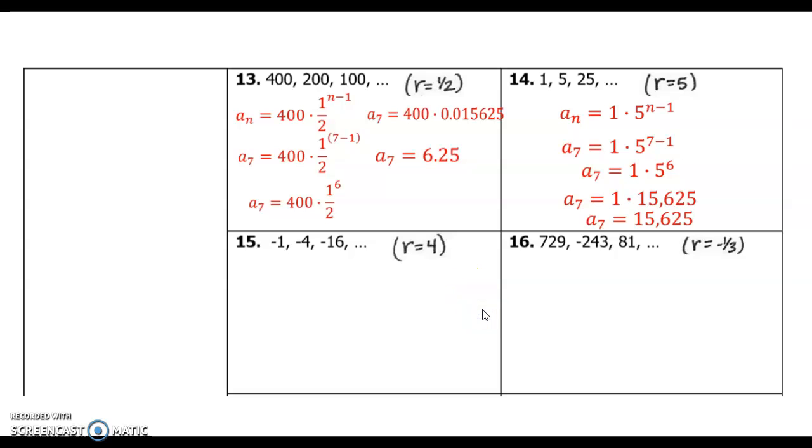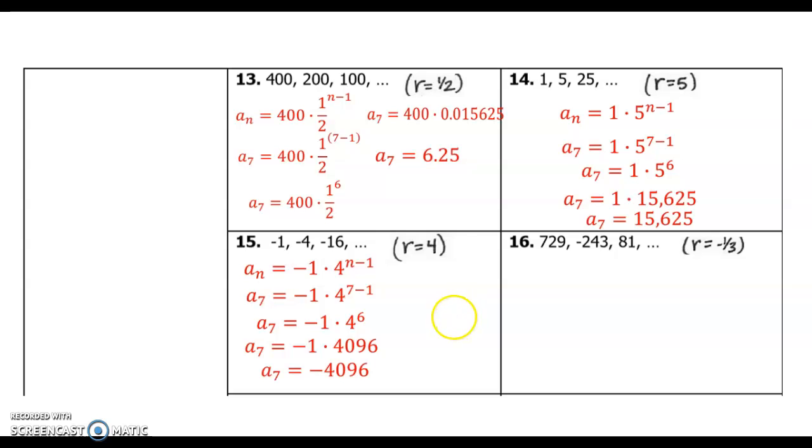In number 15, r is 4. We would substitute our two values into our formula, then substitute 7. 4 to the 6th power is 4,096 times -1 would give us -4,096. For number 16, we're given a common ratio of -1/3, so here's our formula. -1/3, 7 minus 1 would give us 6, so -1/3 to the 6th power.